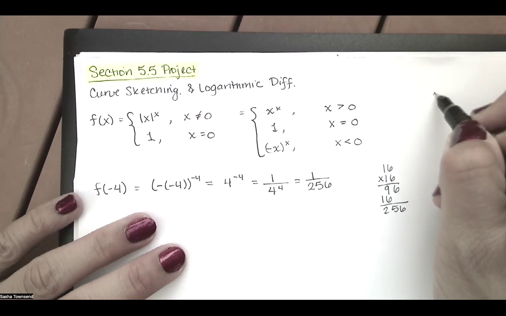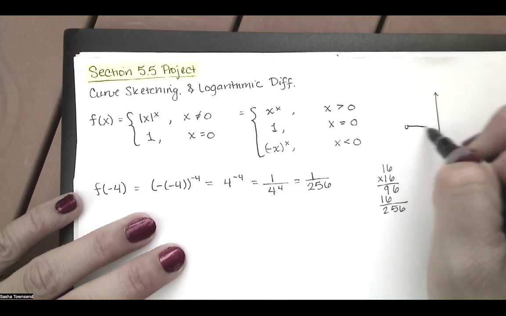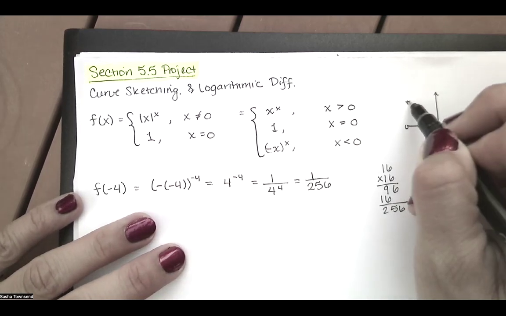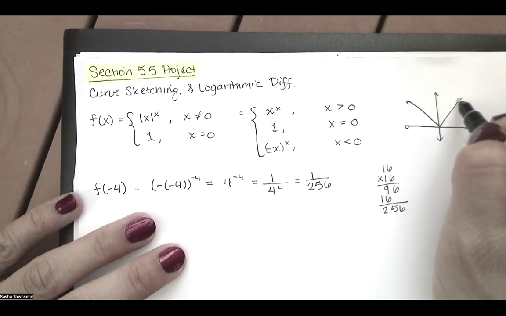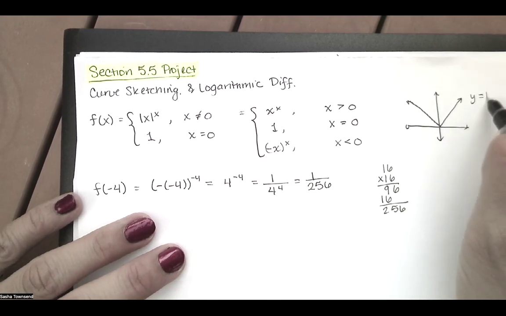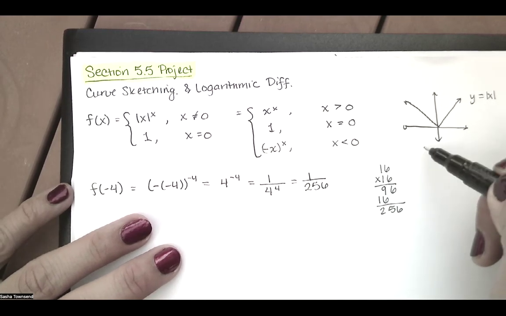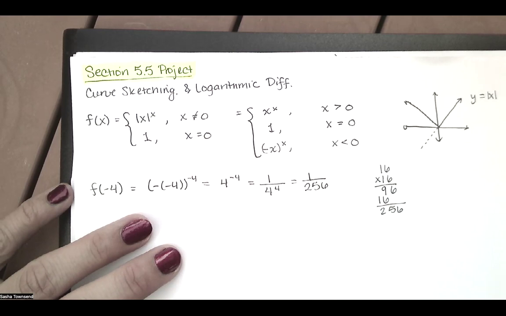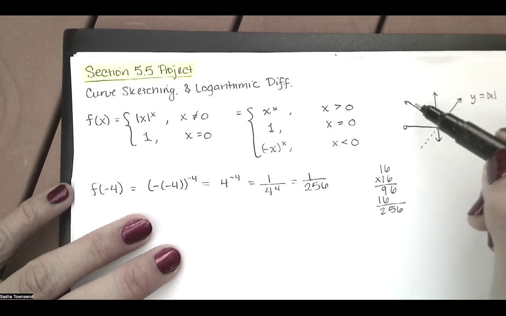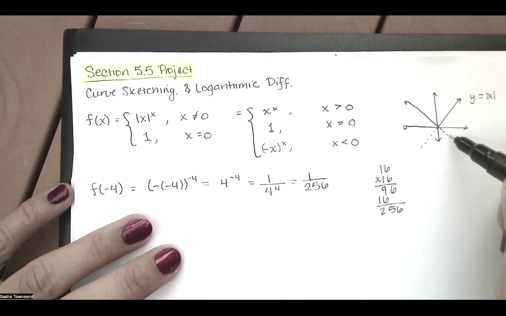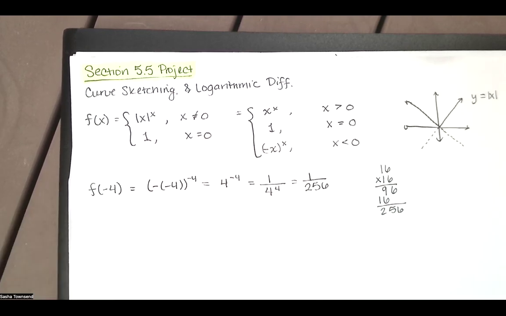It might be easier if we actually look at the graph of the absolute value of x. So y equals the absolute value of x looks like this. We know that when x is positive, we just get y equals x. And when x is negative, we take that negative number and multiply it by -1 to make it positive. And so this is what the absolute value of x looks like.